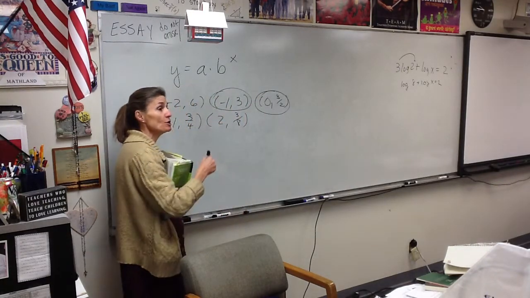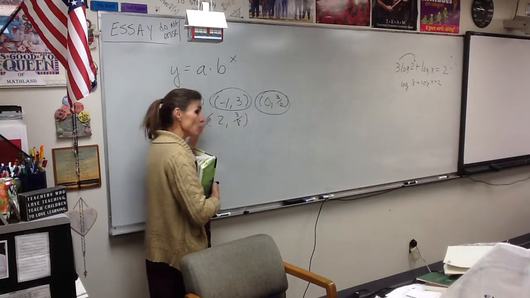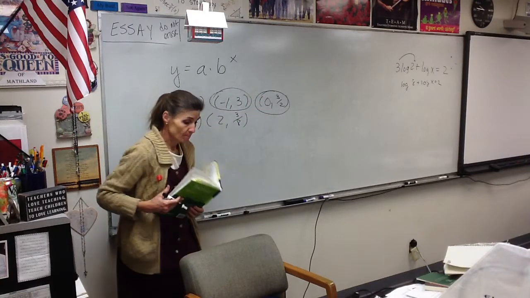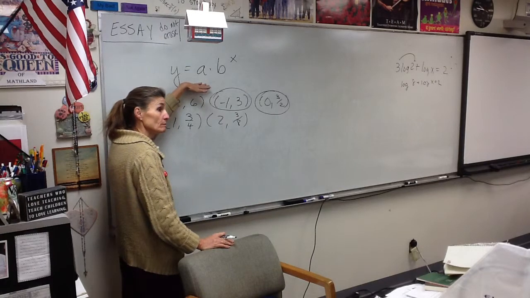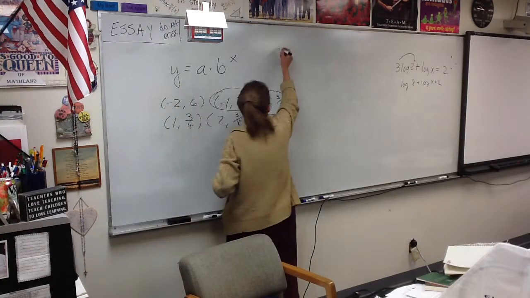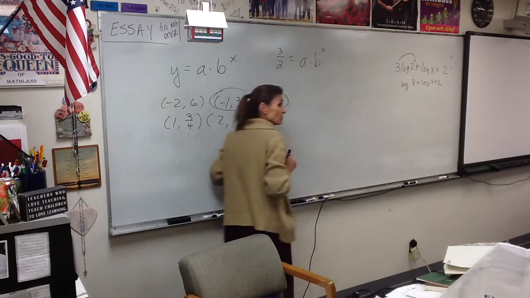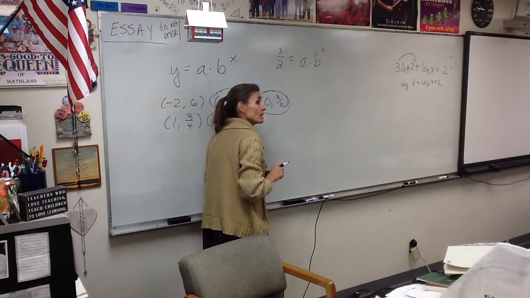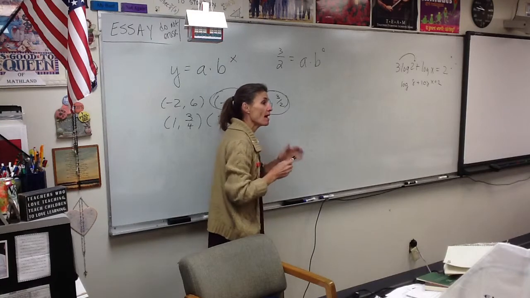Okay, so now we're going to do exactly what we did yesterday. We're going to ignore all this extra information, and we're just going to use those 2 points. So this is the equation we're shooting for. We start with this point. So when I plug it in, it'll say 3/2 equals a times b to the 0. Do you have to use the one with the 0 first? Yes. Because that, well, I shouldn't say you have to.